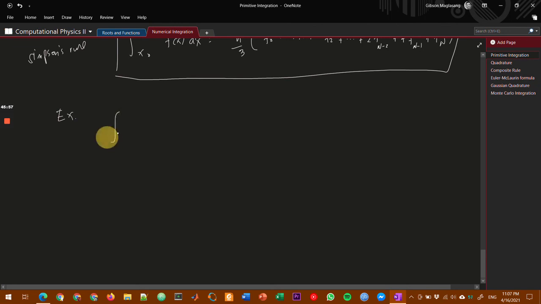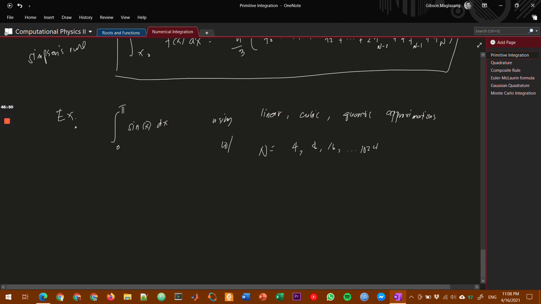So saan pag-evaluate sa integral kaning sin x dx from 0 to pi using the approximations to the integrand, okay, using linear, cubic, quartic approximations, okay, with n starting from 4, 8, 16 up to 1024. Then we compare the accuracy of each method.